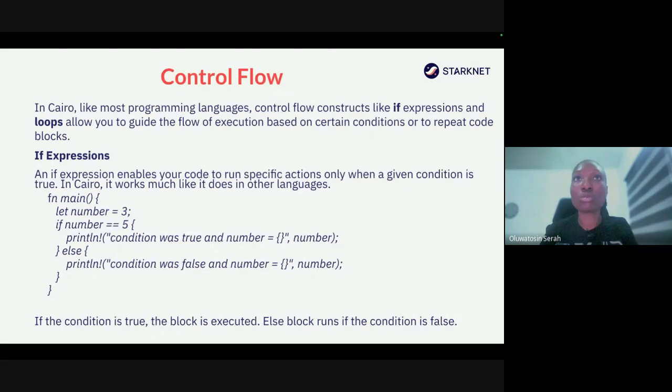So the type depends on the size of the value you're storing. If the range of the number that you want to store in a particular variable can fall between 1 and 256, use u8. But if it exceeds that, use u16 or any other bit size that can take it in.